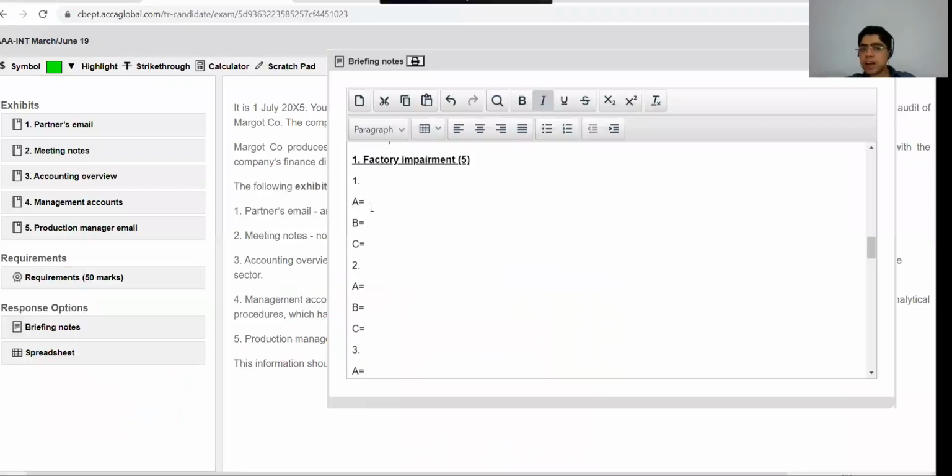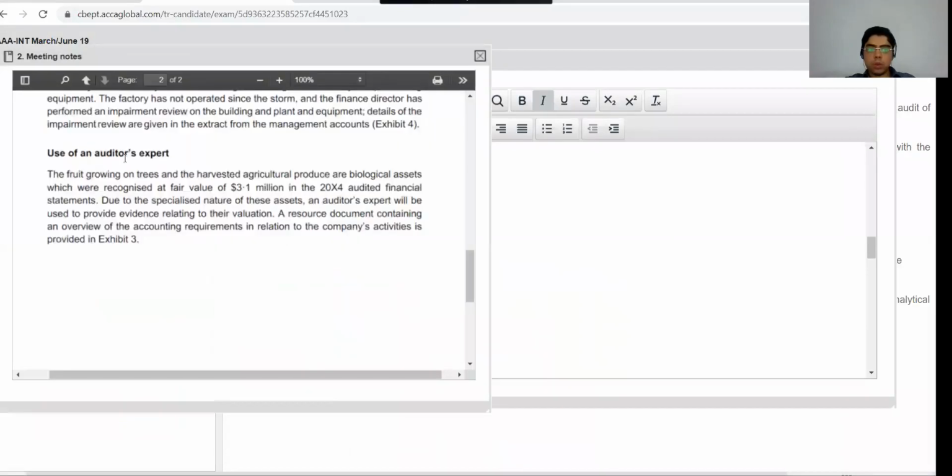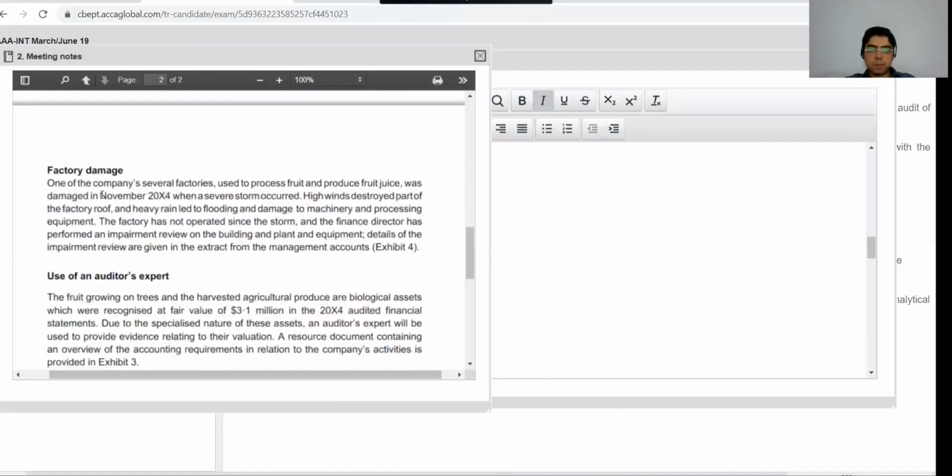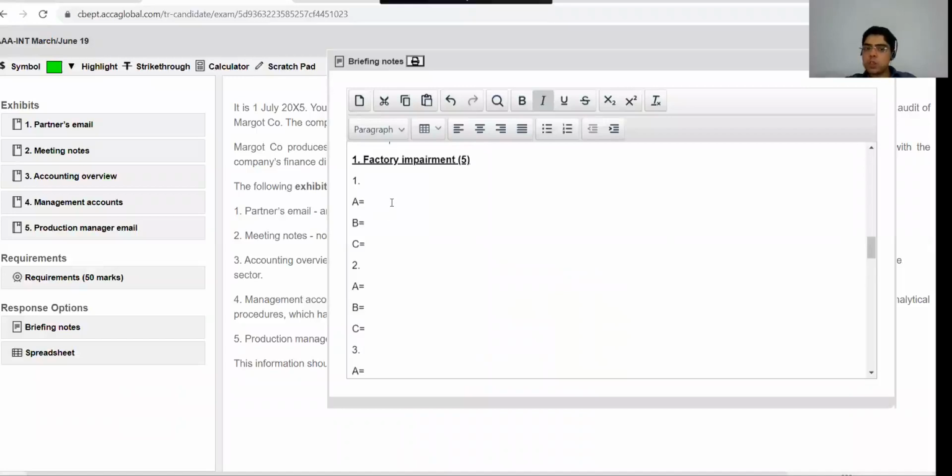Now, as far as factory impairment is concerned, if you recall, we looked at the factory damage, and in testing, an impairment review was performed. So you would first want to verify the carrying amount.